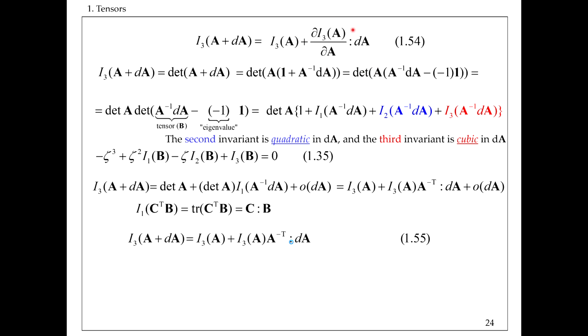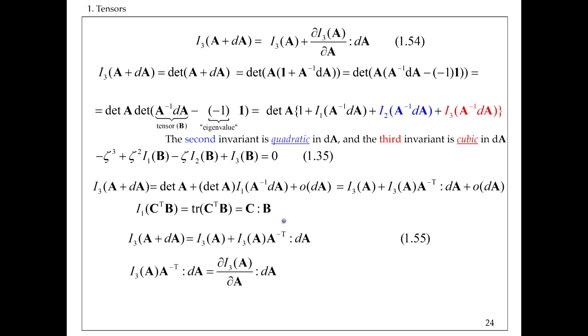We basically can just substitute the whole 155 here instead of I3 at the point A plus dA. You also can notice that both have I3A, so we can remove both of these, and we can say that this term, dA I3 dA double dot dA, is equal to this second term here.